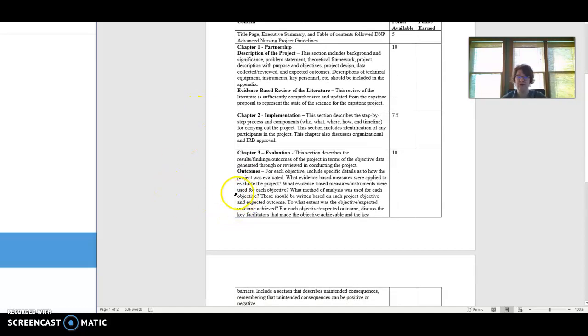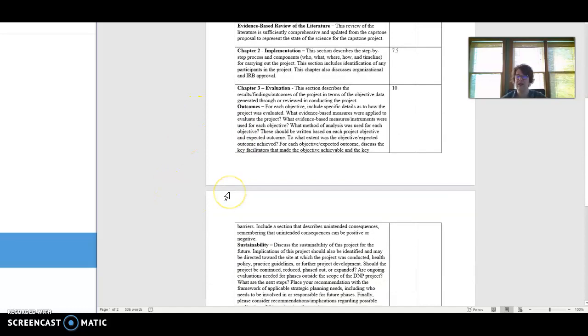Chapter 3 is your evaluation, and that's your metrics, looking at how you did overall. You may or may not have achieved your aims, but this is where you really dive deep into the metrics and analyze them. It's not just this is what we found.